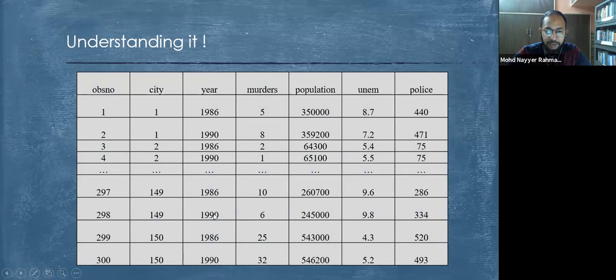Let's say two time epochs, 1986 and 1990. In 1986, we have observation 1. In 1990, we have observation 2. Till here, this data set has the properties of cross-section and time series. If you take this data set only till here, let's draw a line.